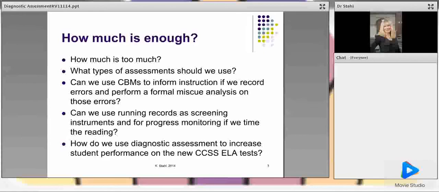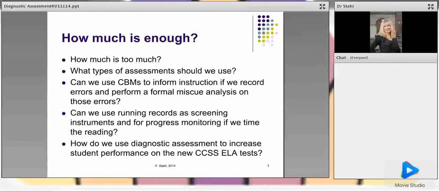With the RtI model and now the Common Core, I think many new assessments have come into our classrooms. And the question that we need to ask at this point is how much is enough and how much is too much? So today, some of what I'll be addressing is what types of assessments should we be using?